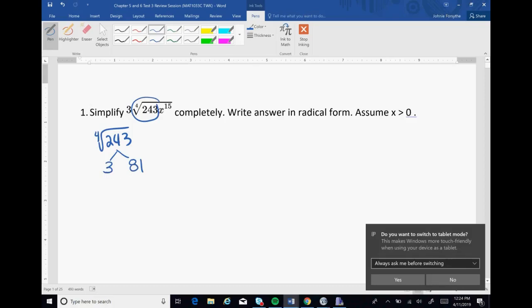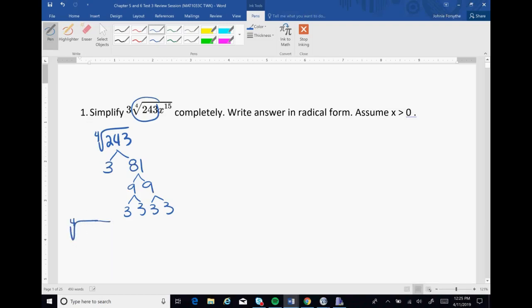So 3 is prime, I can stop there. 81 can be broken down to, say, 9 times 9. And then 9 can be broken down to 3 times 3 and 3 times 3. What this tells us is that the fourth root of 243 is the same thing as the fourth root of 3 to the fifth, 3 times 3 times 3 times 3 times 3.